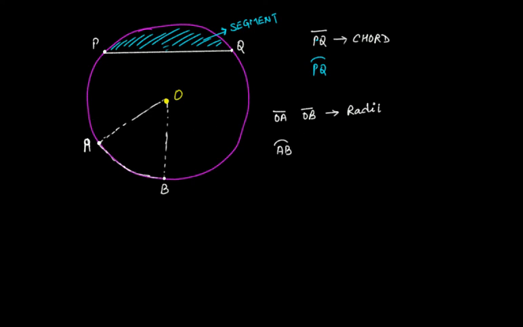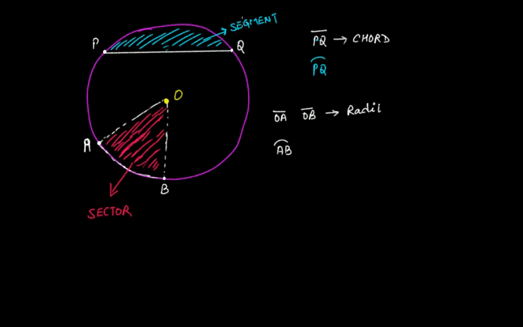So this region that is being enclosed by this OA, which is a radius, OB, which is a radius, and this arc AB, this will be a sector of this particular circle.